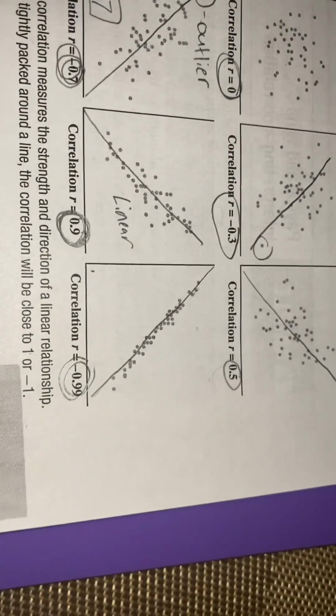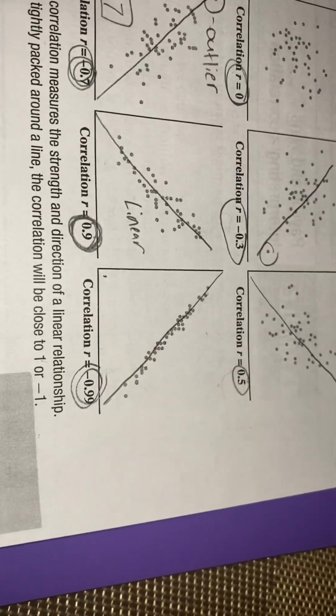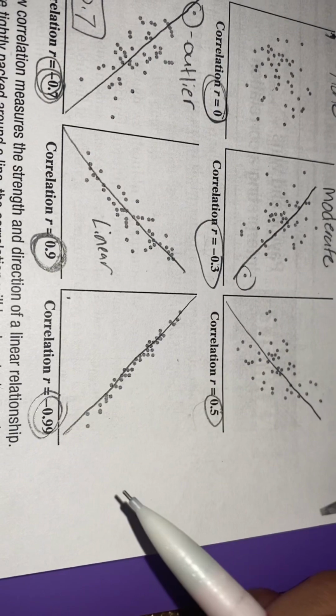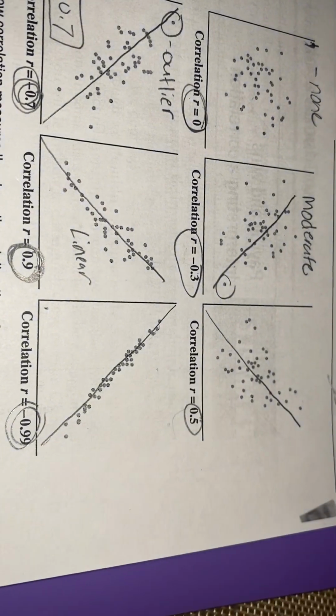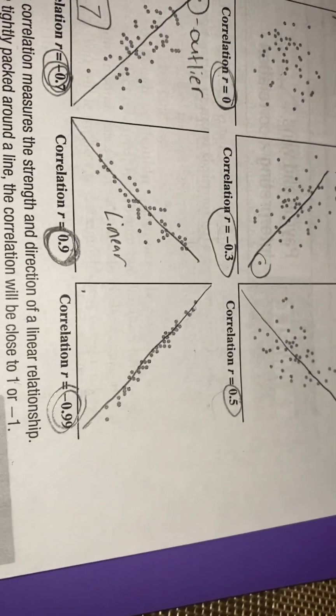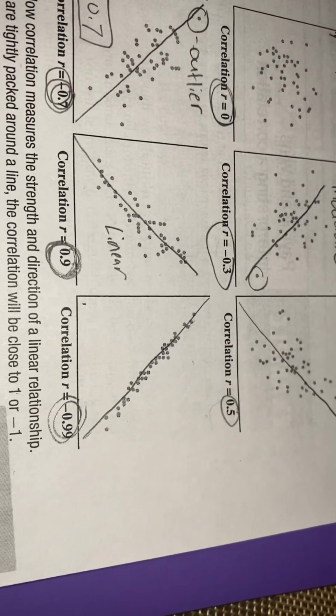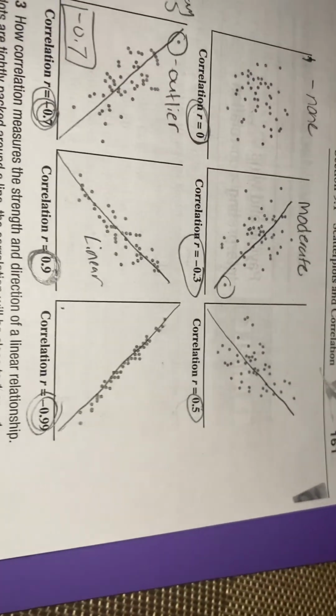For the form, it is linear. This one is very clearly linear. If you want to do a line test, you can go and do that, and you can see that it very clearly follows the structure of a line. The strength, this one would be strong because it is very, very close to the 1, as I mentioned earlier.